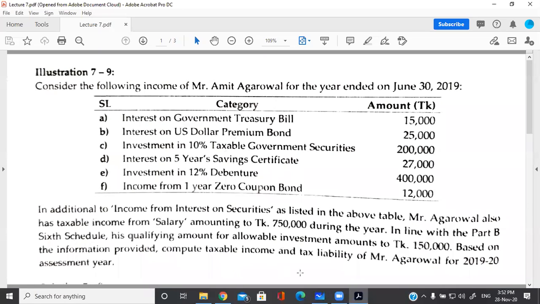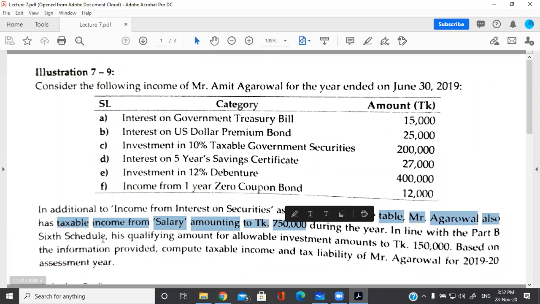Okay, compute taxable income. So first of all, interest on government treasury bill. But before that, you need to begin with the income from salary, as it always comes first. Income from interest on securities comes after income from salary. So it has been said that the salary income has been given as the final figure to you, taxable income.